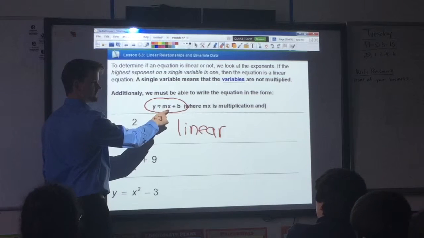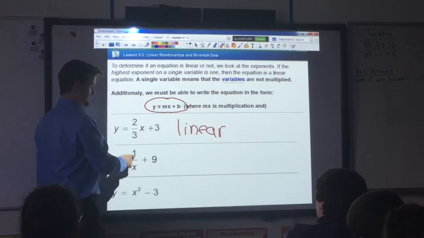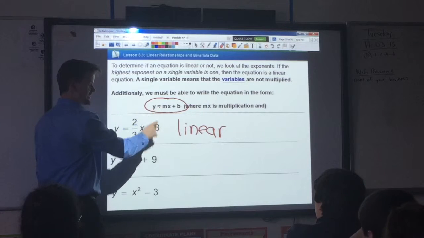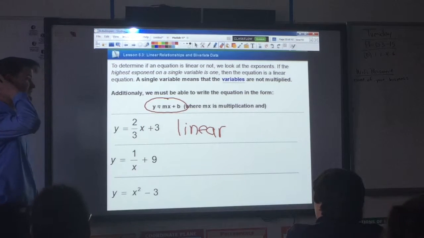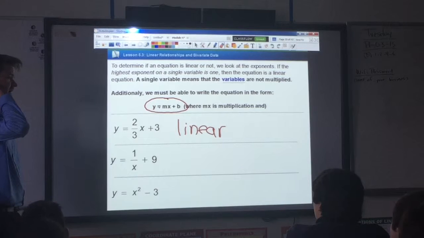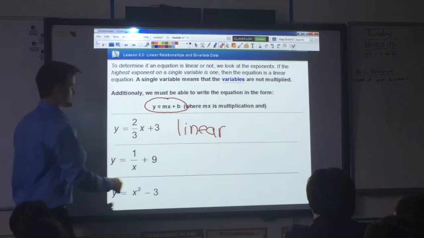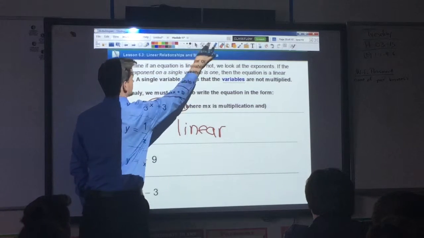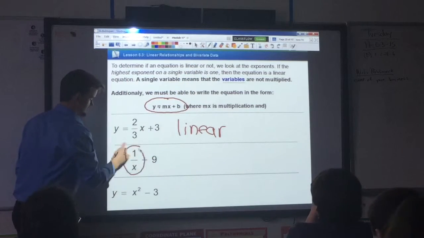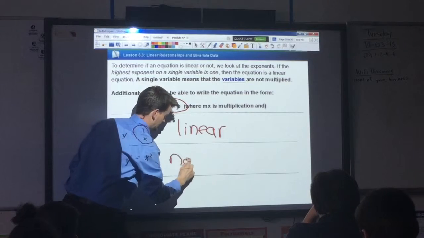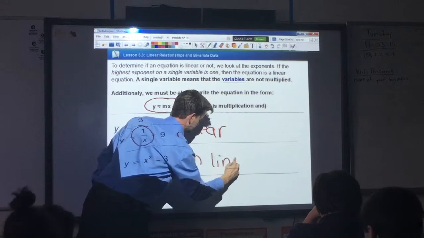What's happening here? Division. This cannot be written in this format. If you were to graph this, you would see very clearly that it's not linear. And I'll explain why. You can tell that from a graph in the next section. But this would be nonlinear, specifically because this is not multiplication.